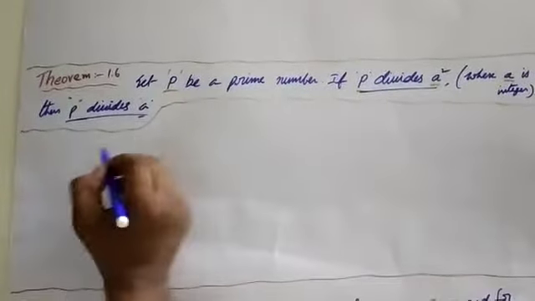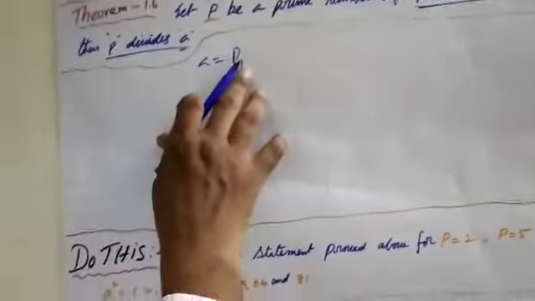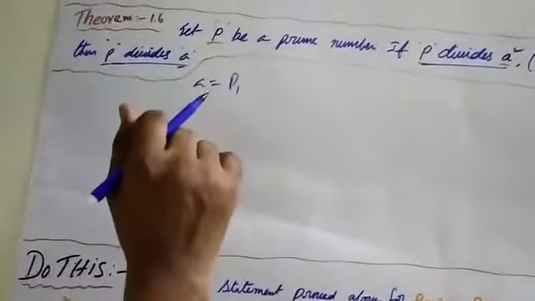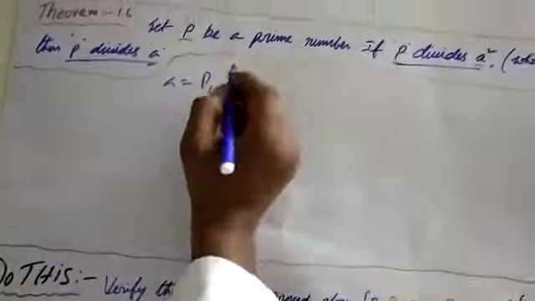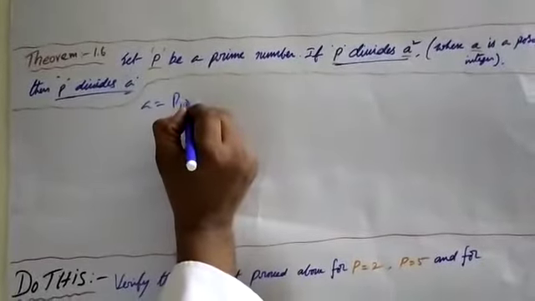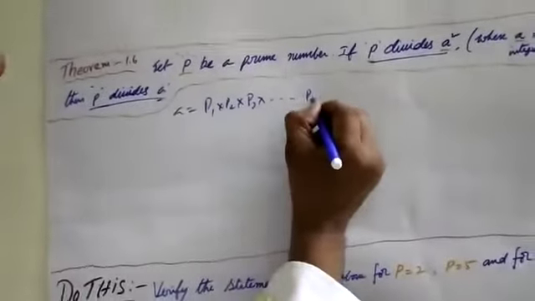For example, see, therefore A is equal to P1 according to theorem number 1.6. This follows from the fundamental theorem of arithmetic. According to the fundamental theorem of arithmetic, A is equal to P1 into P2 into P3 up to so on Pn.